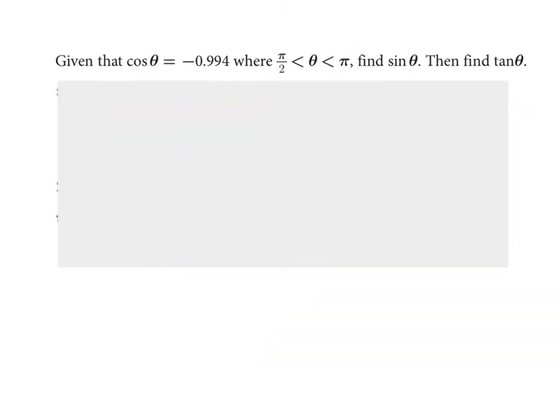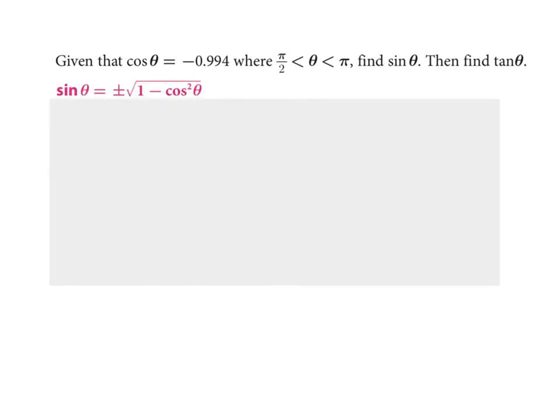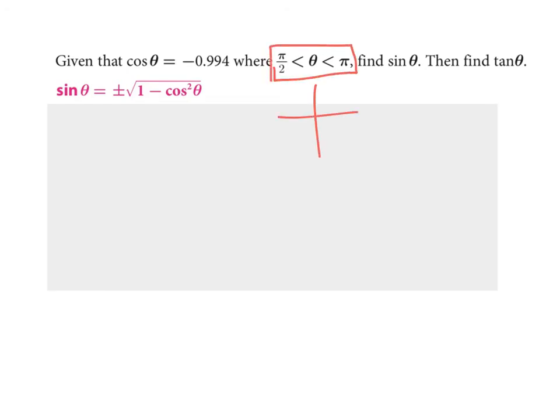All right, on this one, I'm going to show you how to use that alternate formula. So instead of starting all the way from sine squared plus cosine squared equals 1, I'm going to use the square root formula. This is the formula that I'm talking about. Sine equals plus or minus the square root of 1 minus cosine squared; this has already been rearranged. Now I am going to make some notes for myself, just like we did on the last one. This means we are between pi over 2 and pi, so we're in the second quadrant.